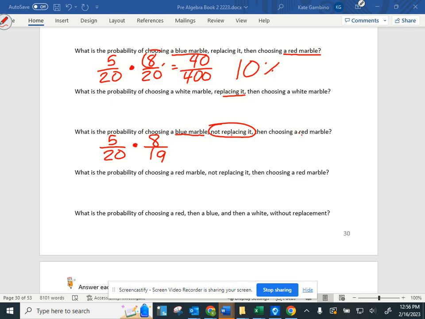So then I multiply that together. So you really do need to slow your roll with this. You need to make sure that you're reading it correctly to know how many successful outcomes there are, how many total outcomes, and if any of them are changing.